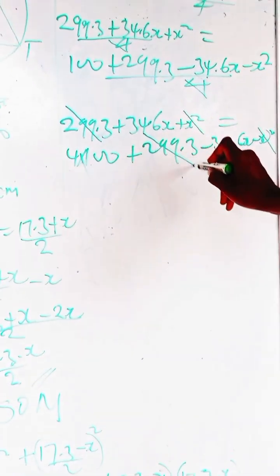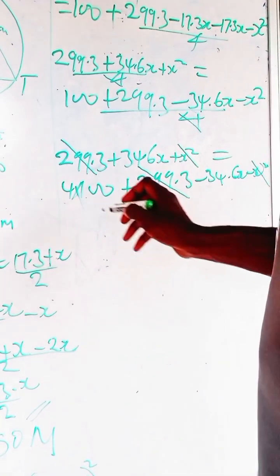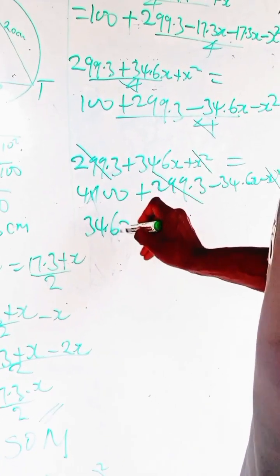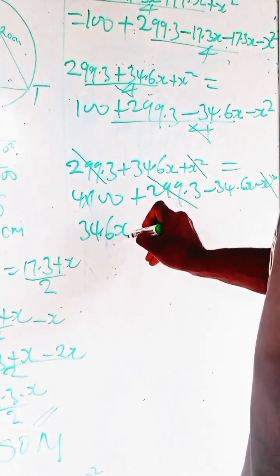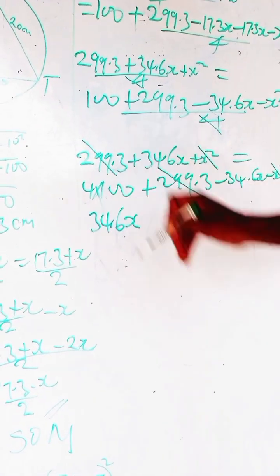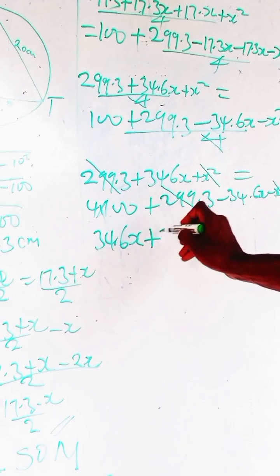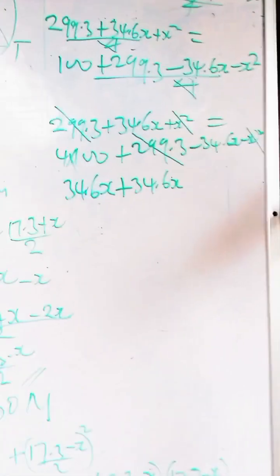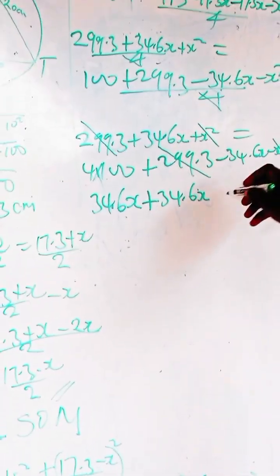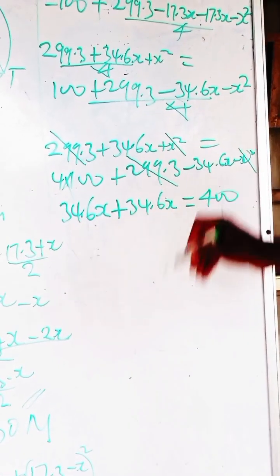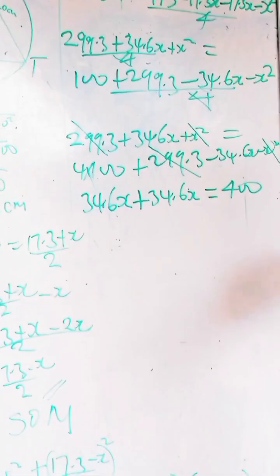We cancel 299.3, so what is remaining here will be 34.6x. Then if this one crosses the equality sign to the right, it will turn to plus 34.6x. Then on the right hand side, what we have is 4 times 100, which is equal to 400.